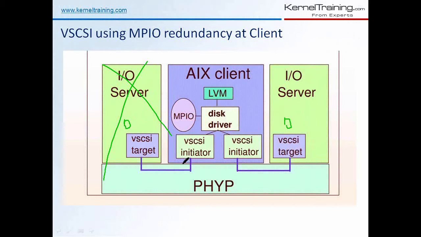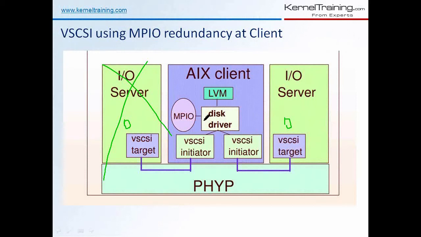So this will become two disks on my client, and I can mirror these disks. If one server goes down, I am still able to access the other disk from my client.